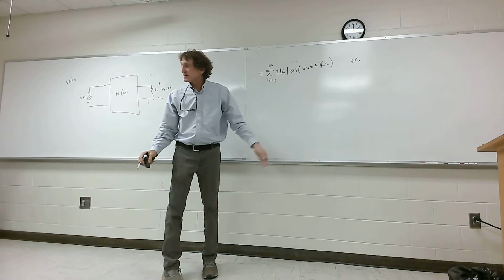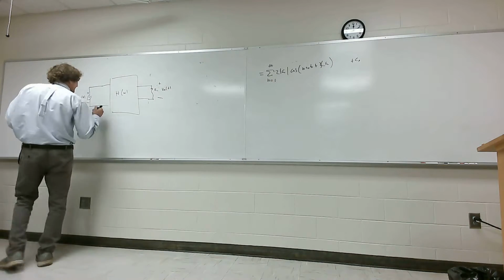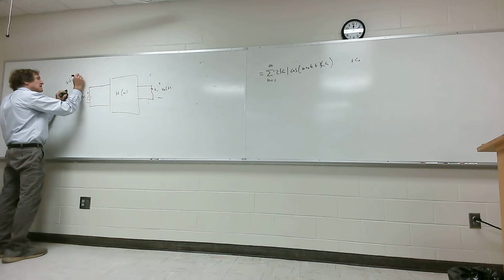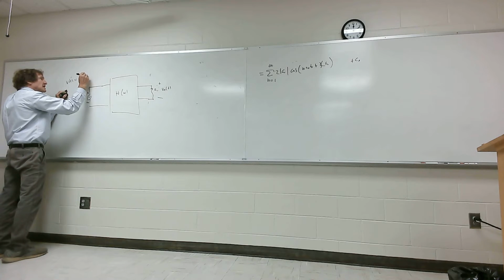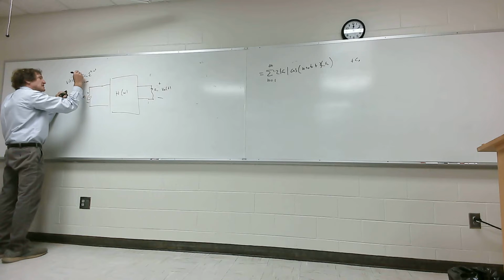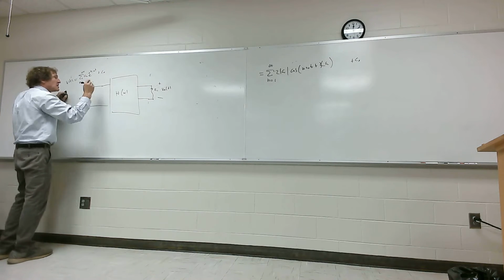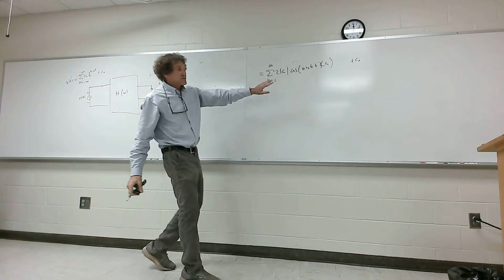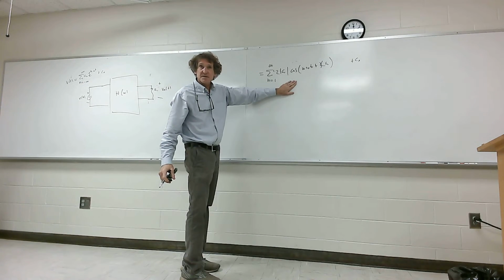And that means the input waveform v of t will be equal to some summation of C of n e to the j n omega naught t, n equals minus infinity to infinity, plus C0. That can further be represented as this series. Do y'all follow me? Because that's a cosine series that's the same exact information as that one.